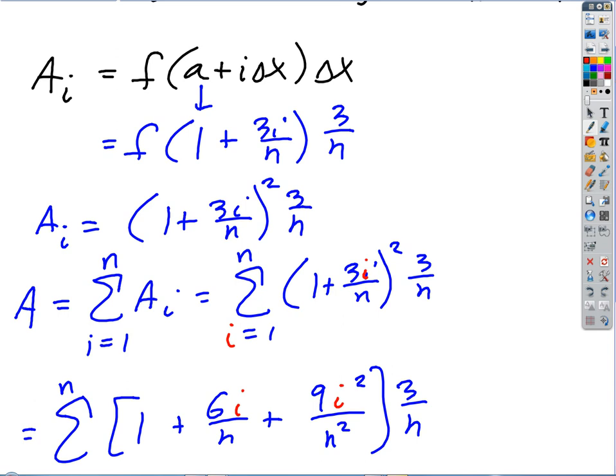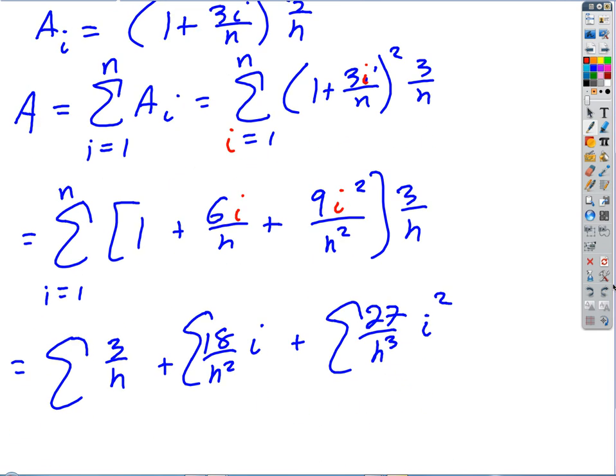When we squared out the area of the ith rectangle, whatever that expression was, we got this sum in terms of i's, but we got n's in there.